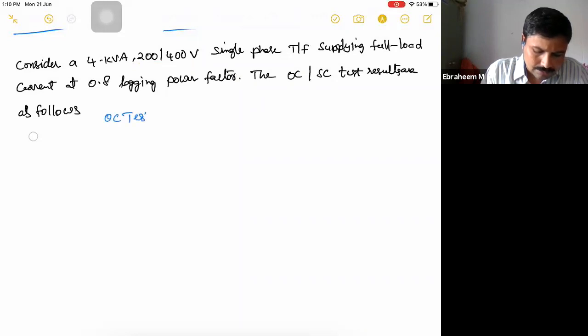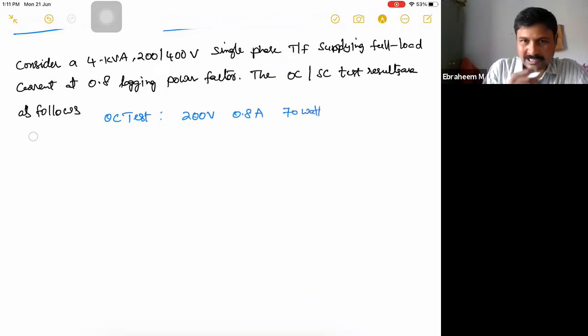So OC test. OC test is 200 volts, 0.8 amperes, and 70 watt. This is on LV side. Okay.